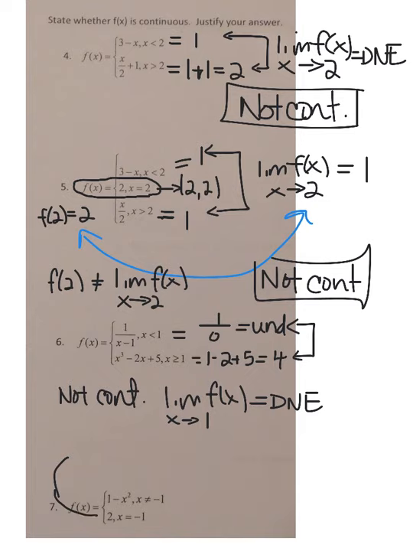So this part right here is just really the point negative 1, 2. Okay, all right, so let's plug in x equals negative 1 here. And if I plug in x equals negative 1, I'm getting 1 minus, and then when I square negative 1, I get positive 1. And 1 minus 1 is 0.